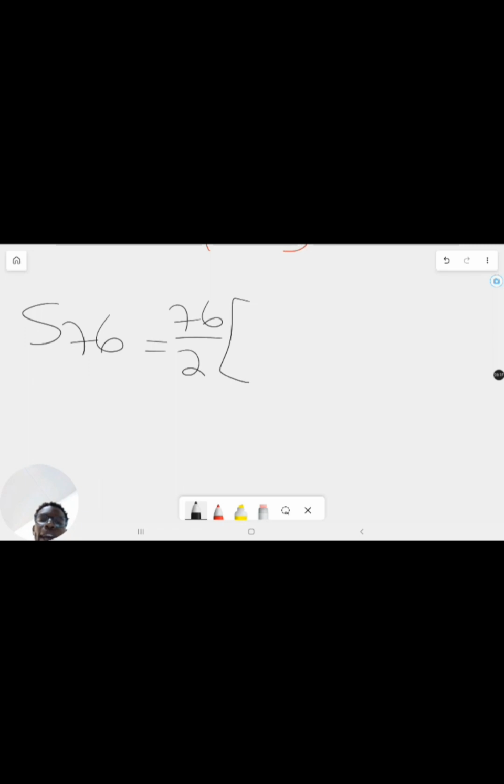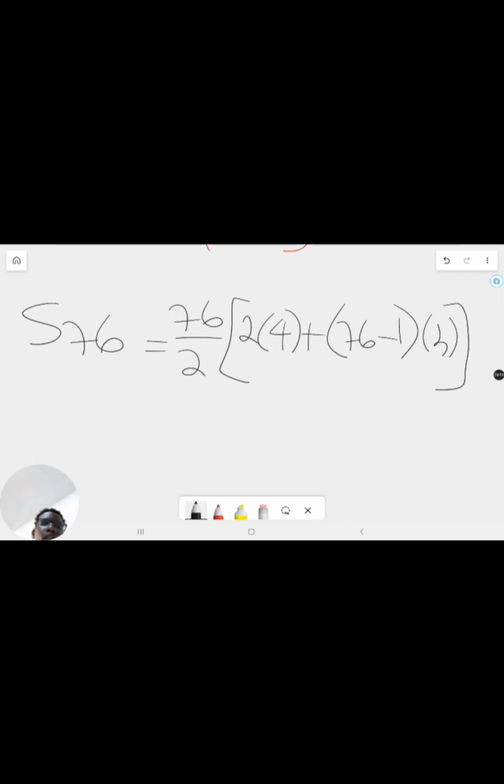We open our bracket, and then we've got 2 times a. What is our a? Our a is 4, and then we've got plus, open bracket, what is our n? N is 76. I'm just substituting into that equation. Then minus 1, close bracket, then d is 3, then close bracket.